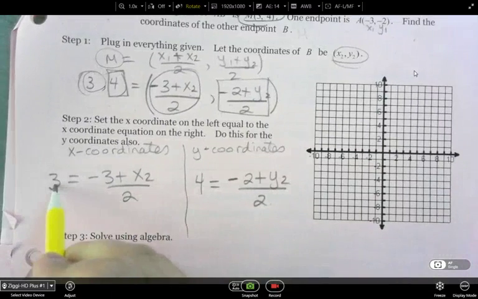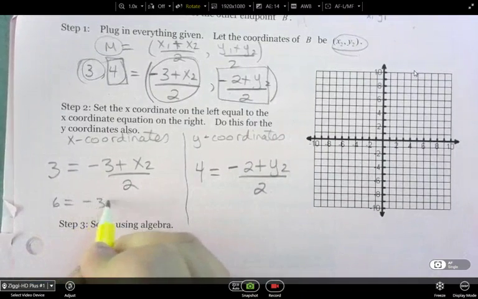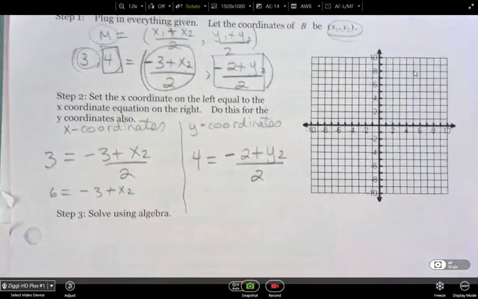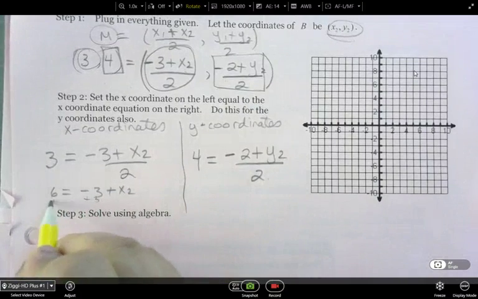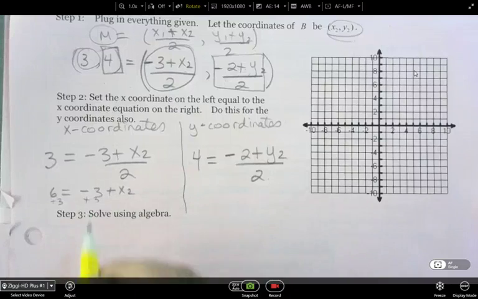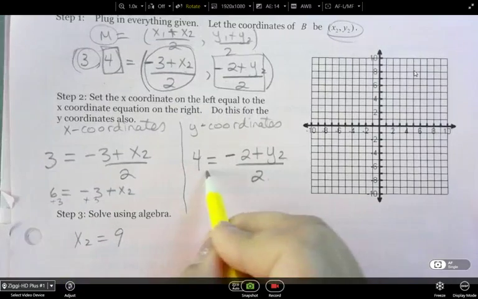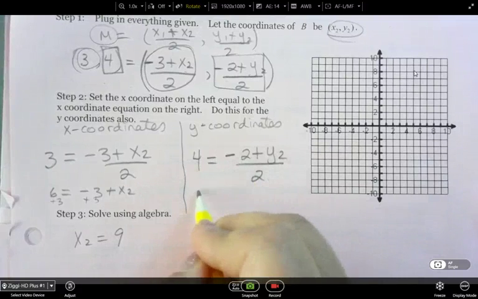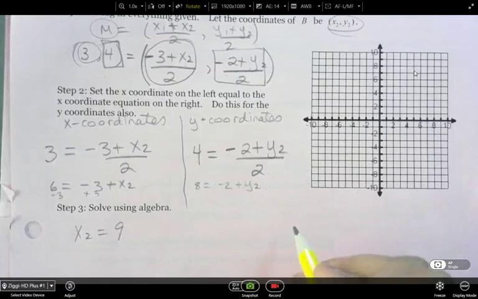So what do you do to solve this? Multiply 2 on both sides, you end up with 6 equals -3 plus x2. And then add 3 on both sides. What do we get? x2 is equal to 9. And then here, multiply both sides by 2. I get 8 equals -2 plus y2.